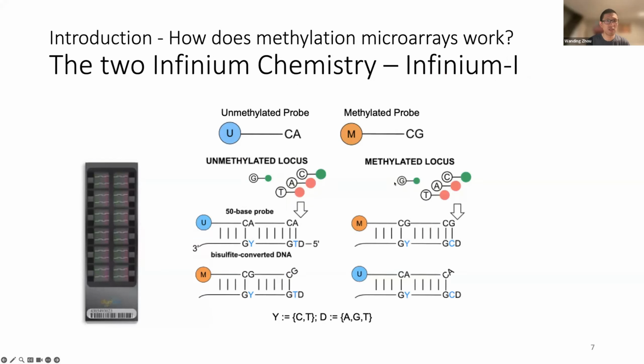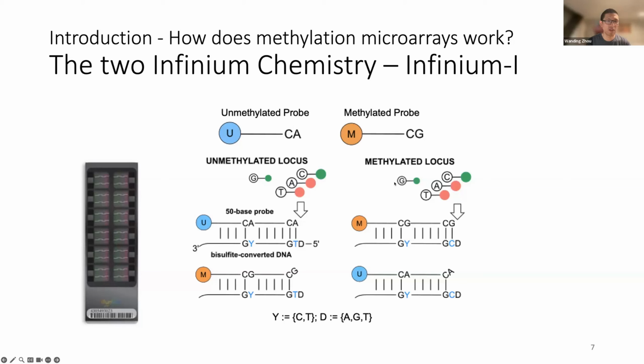There are two ways that, after bisulfite conversion, the arrays actually read out the methylation signal, what we call Infinium I and Infinium II. Basically, for Infinium I, people have two probes, each targeting the methylated allele and the unmethylated allele respectively.